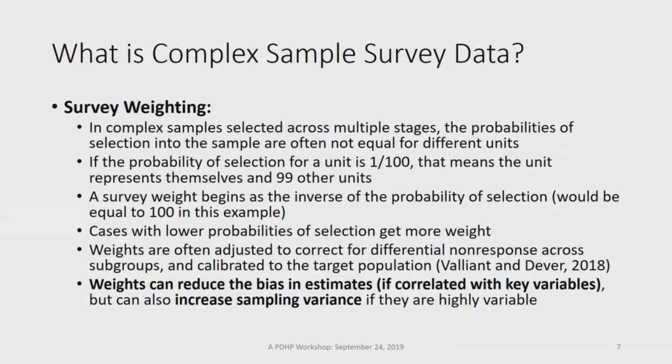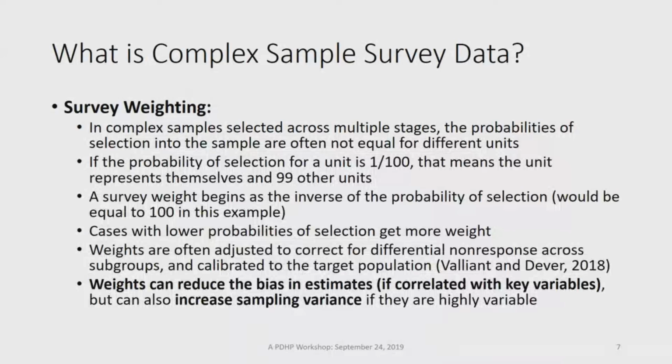Okay, so weights correct for unequal probability of selection, differential non-response, calibration adjustments, all of that generally is rolled into a single weight. The reason that we use weights in the analysis is that if those weights are correlated with the variables that we're trying to measure, we need to use them to reduce the sampling bias in our estimates.